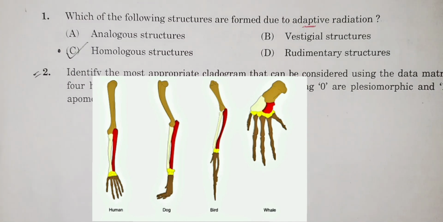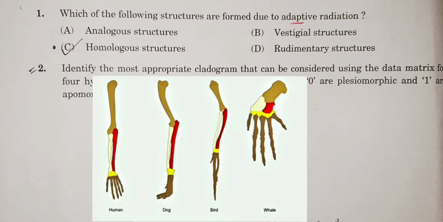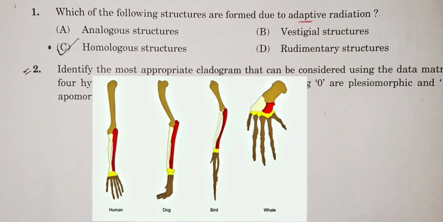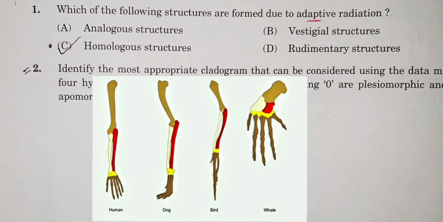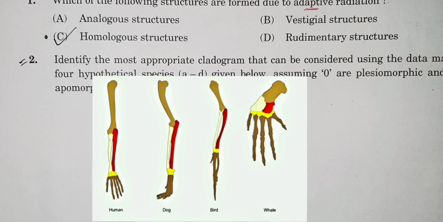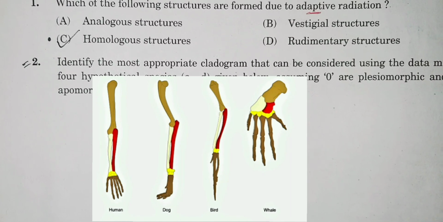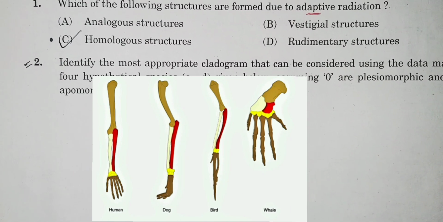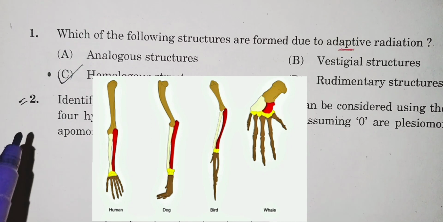To solve these type of questions, we must know the meaning of each of these terms. What are analogous characters? Analogous characters are those characters which do not share any ancestral similarity, but they have analogy in their function.